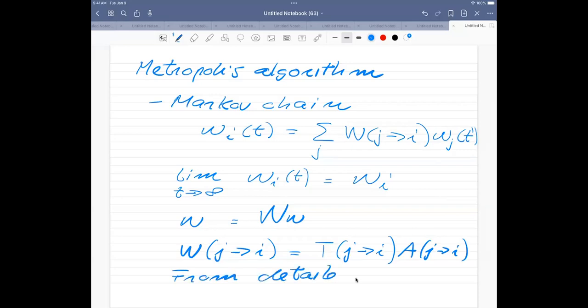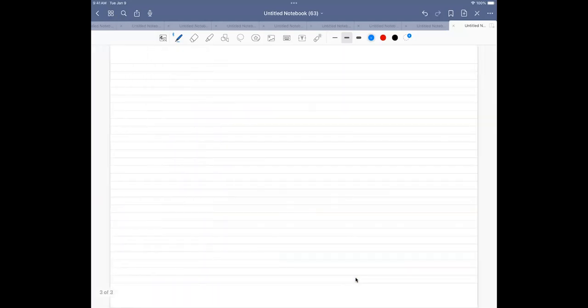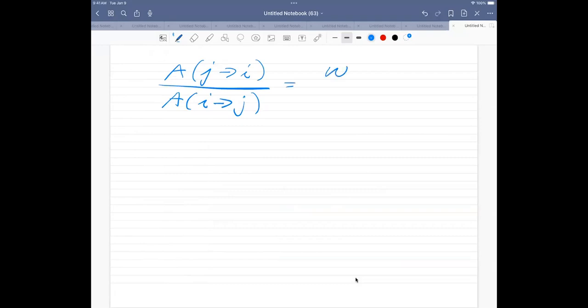So this is a quick repetition from last time. From detailed balance, what we have is that this acceptance probability, the acceptance of making a move from J to I, divided by making the reverse move, accepting it, is given by the probability in the new state divided by the probability in the previous state.